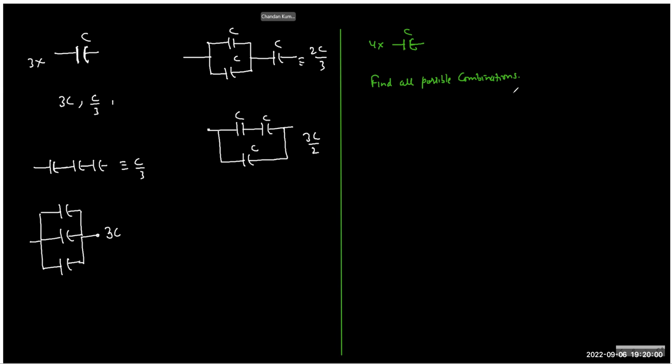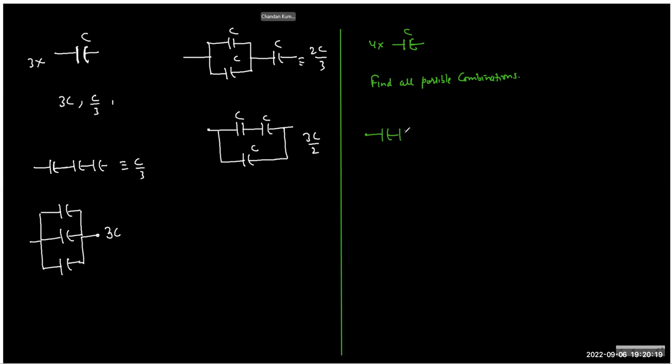Tell me. Then I got 5 combinations. 4 series, 4 parallel, and I can see many more: 3 series, 1 parallel. You will get many more.